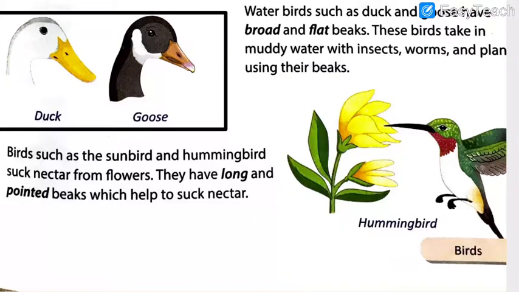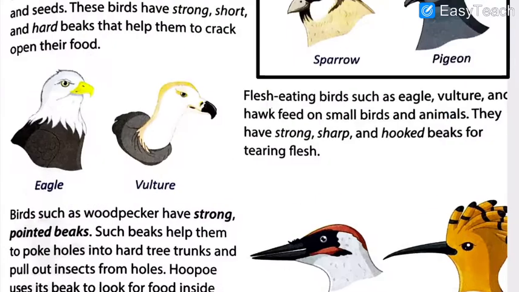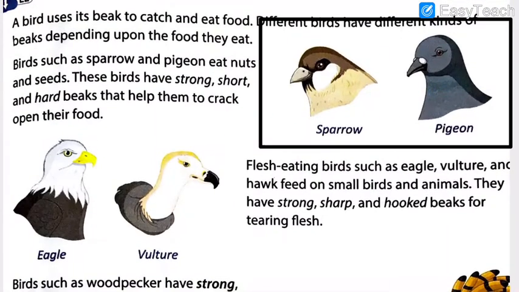So every different kind of bird has a different kind of beak according to its food. I will just repeat it once and then we will turn the page. At first we saw very common birds which we often see in our daily life, sparrow and pigeon. What kind of beak do they have?